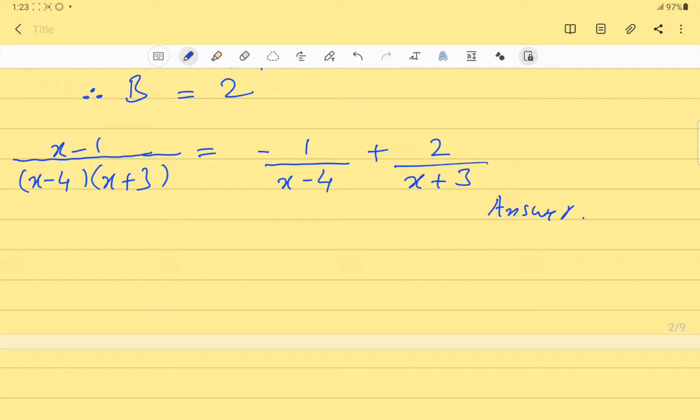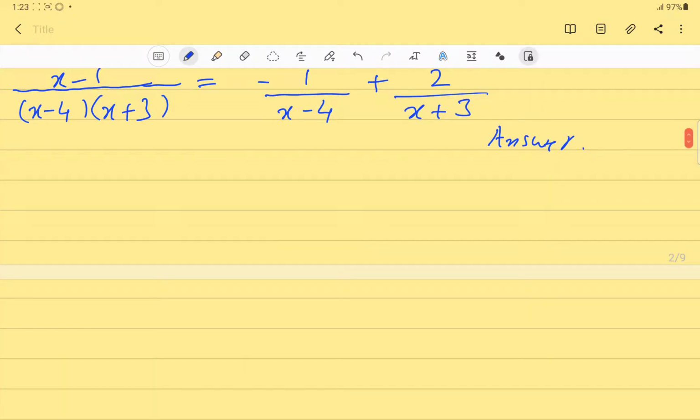Let's move on to our third question now. The third one is 3x minus 1 over x squared minus 1.